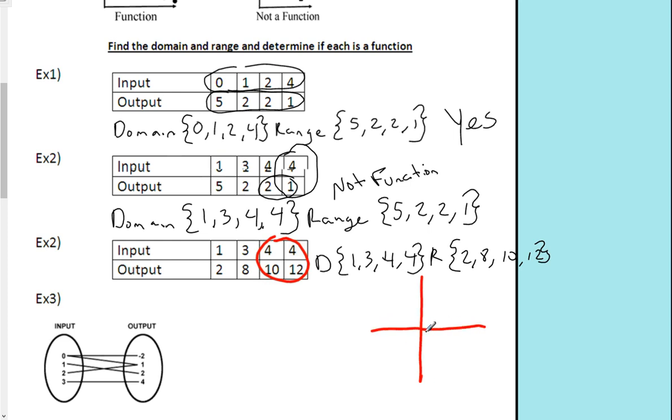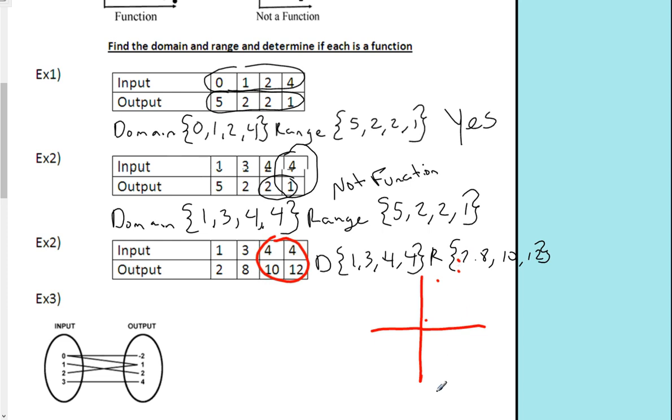Let's say (1, 2) is about right here, (3, 8) is about here, (4, 10) is about here, and (4, 12) is above it.